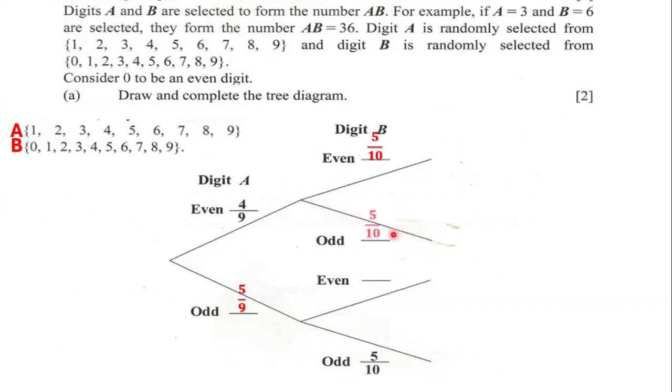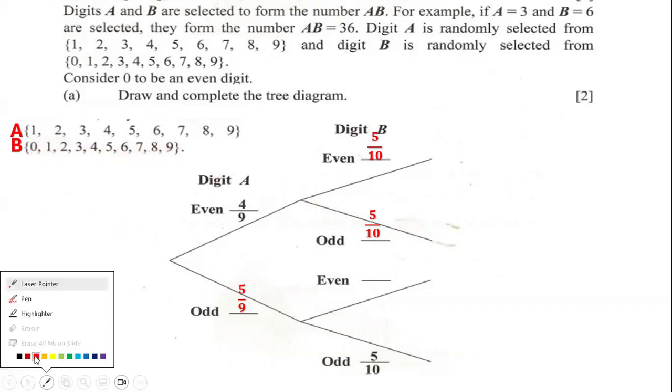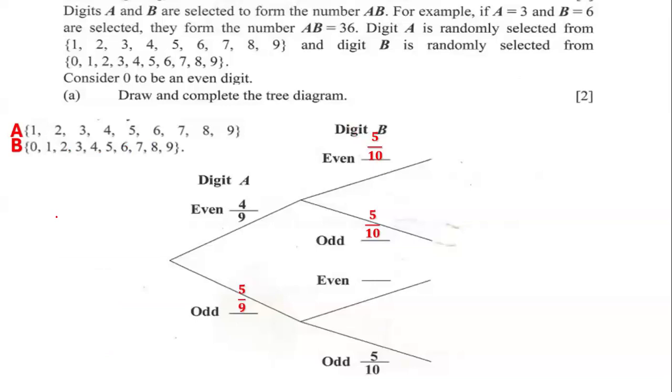Well, we know that there are a total of 10 digits in this set, because we go from 0 to 9. How many odd digits do we have? Well, we have 1, we have 3, we have 5, we have 7, and we have 9. So in total, how much is that?